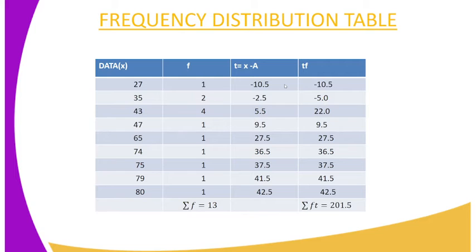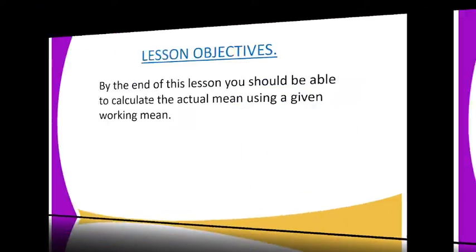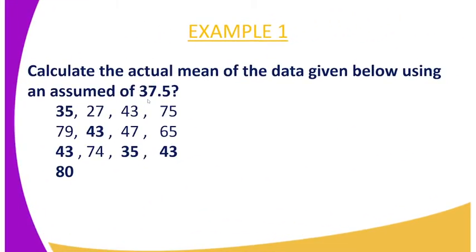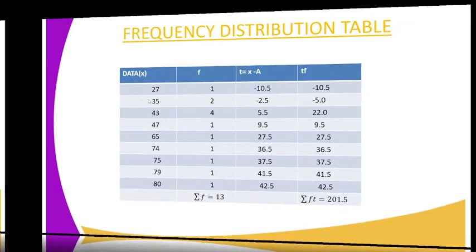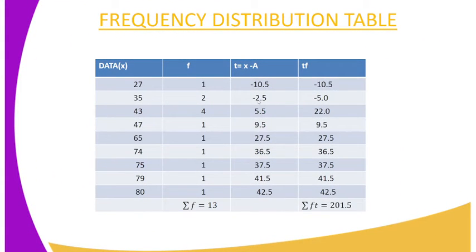You repeat the same with the rest: 35 minus 37.5, the assumed mean provided, gives negative 2.5.